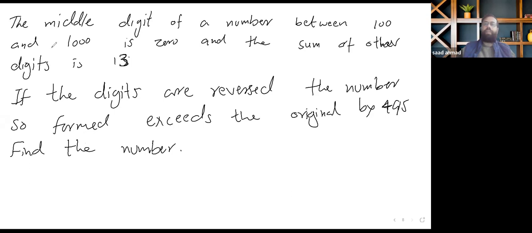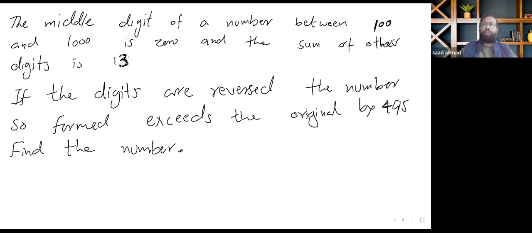So what we have here is the middle digit of a number that's between 100 and 1000. So how many digit numbers are in between 100 and 1000? Those are 3-digit numbers, like from 101 to 999. So that's a 3-digit number, and the middle digit is 0.